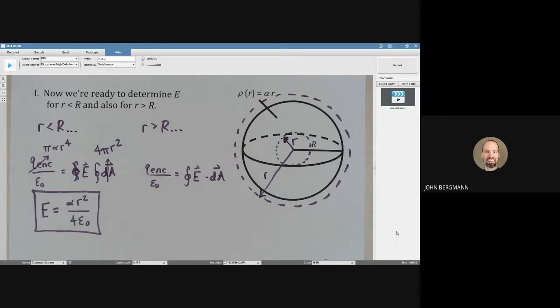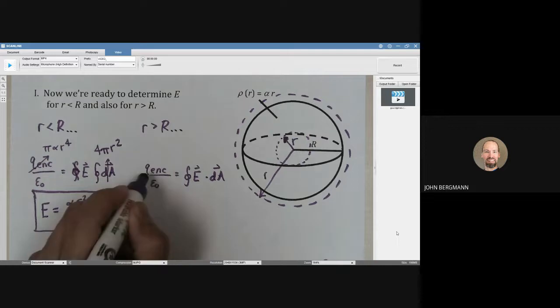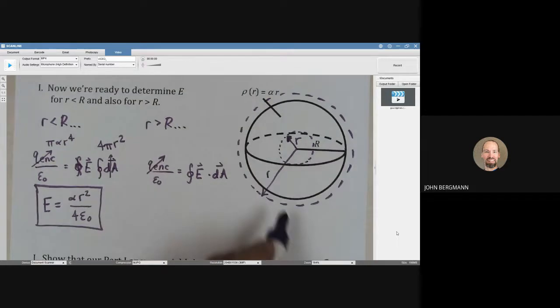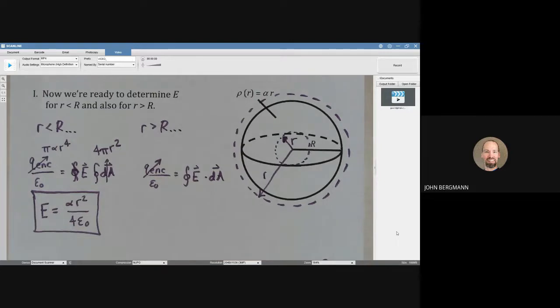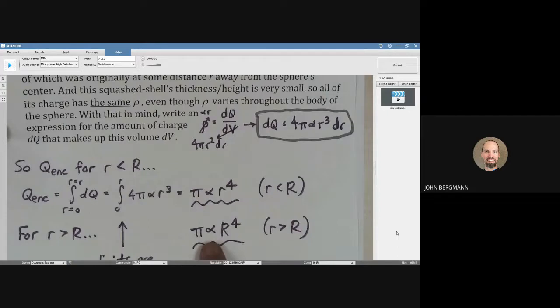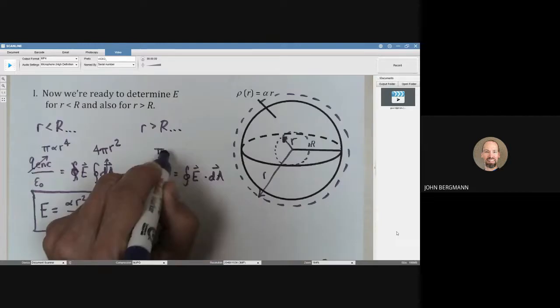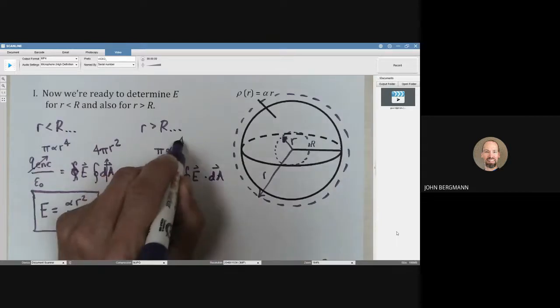On the outside, the total amount of charge enclosed is the total amount in this sphere, which we found previously: pi alpha capital R to the fourth.